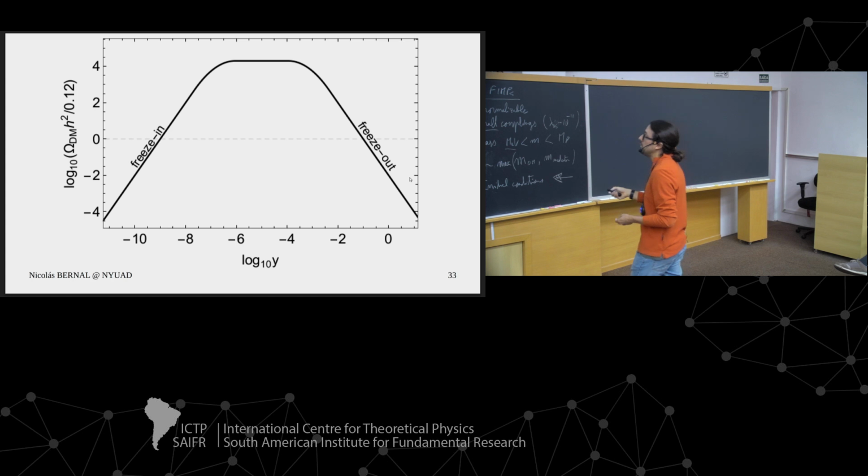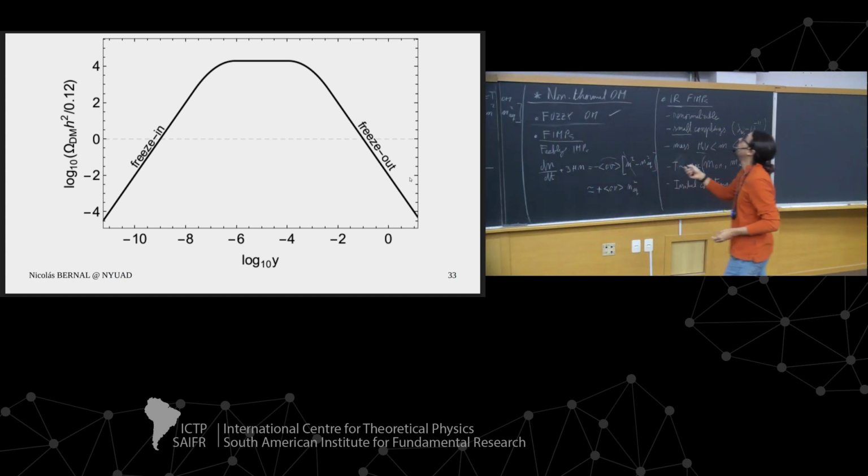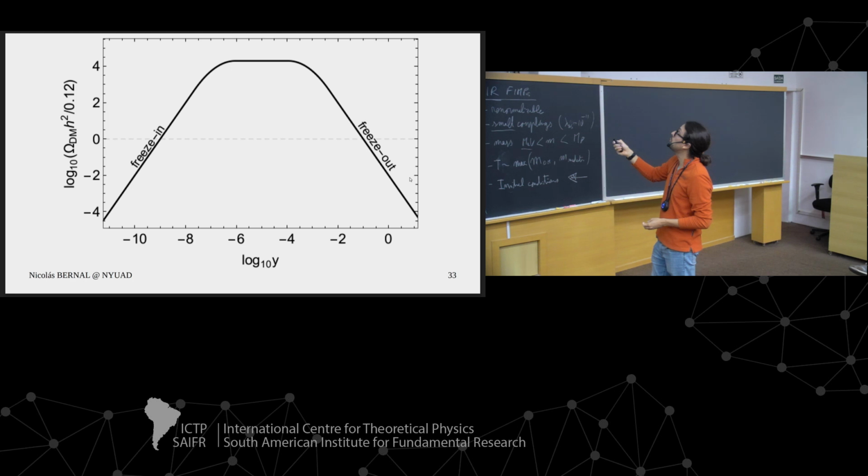What I'm telling you is that if you take exactly the same model, there will be 2 solutions. One solution corresponds to the freeze out, so WIMPs, when the coupling is order 1. Another solution will appear when you have a very suppressed coupling, right? And this is the evolution. So with very small coupling, you have an underabundance, then you overproduce, and then you have an underabundance again, right?